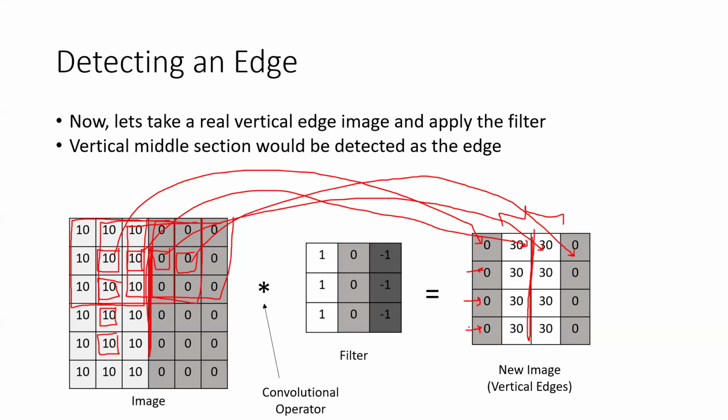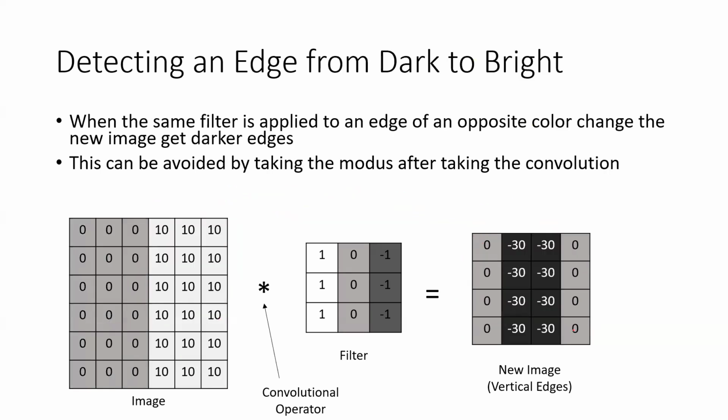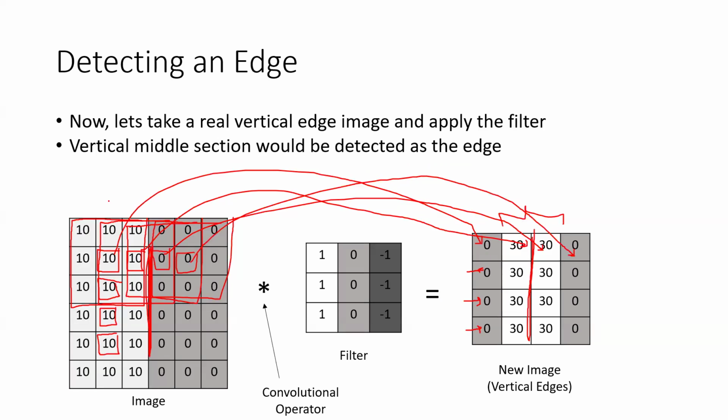All the other values would become 0, right? Similarly, you can apply the filter when the color is increasing. In the earlier case, you can find the intensity of the color is high on this side, and it has suddenly dropped at this level to 0.